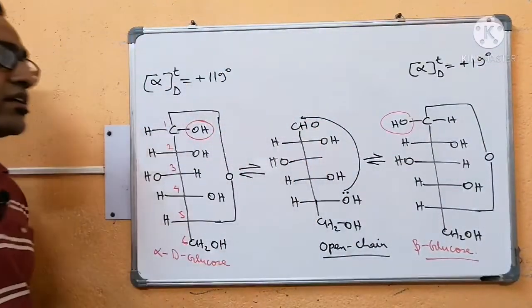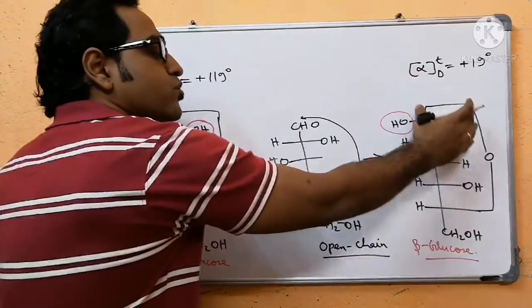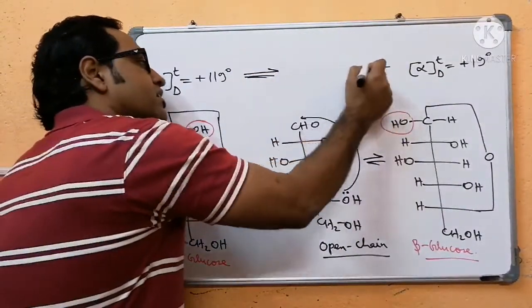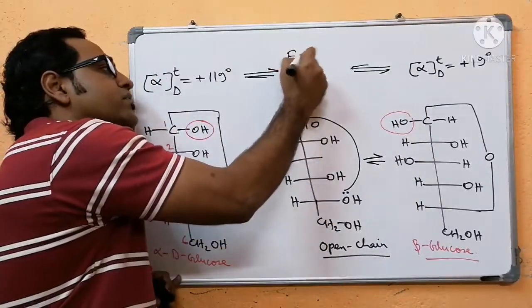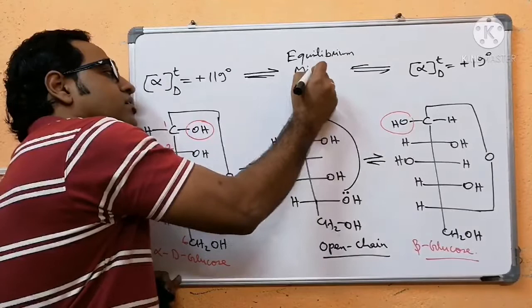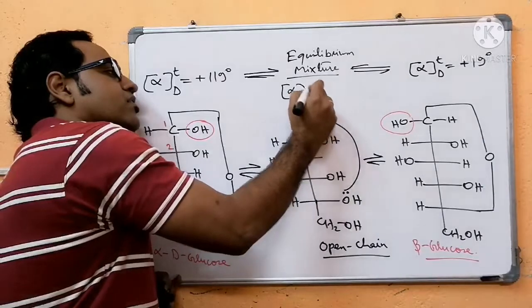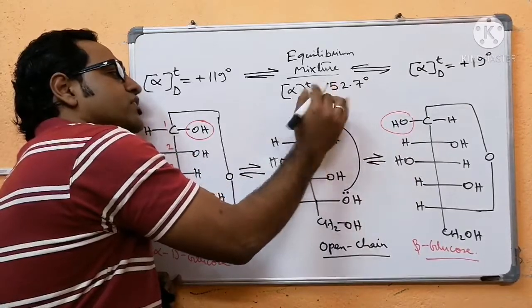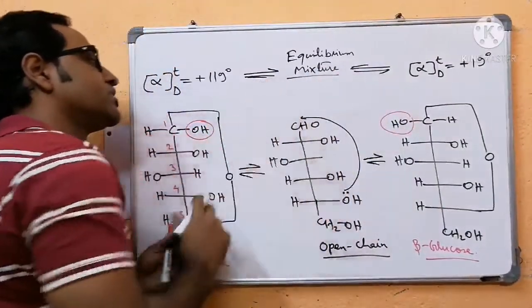And when you start with alpha D glucose or beta D glucose, ultimately you move into an equilibrium mixture. The equilibrium mixture has an optical rotation of plus 52.7 degree.